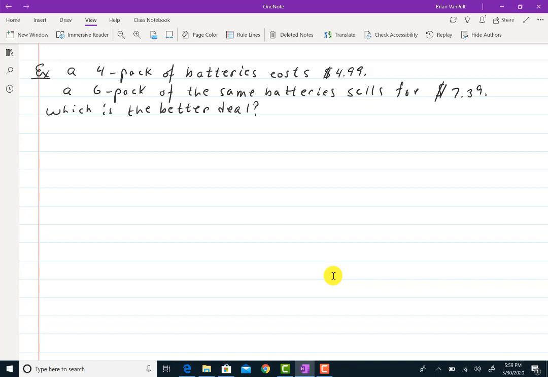So what we have is $4.99 for 4 batteries, versus $7.39 for 6 batteries.